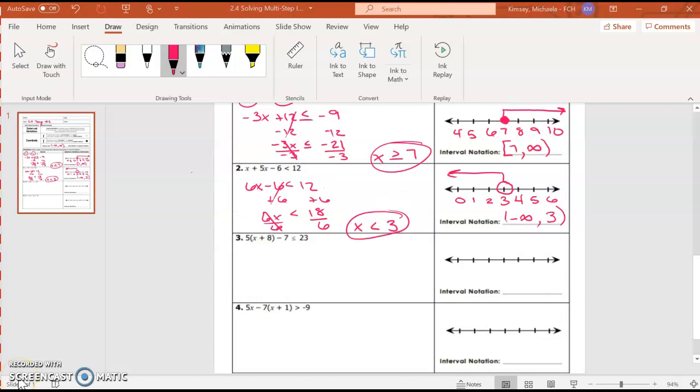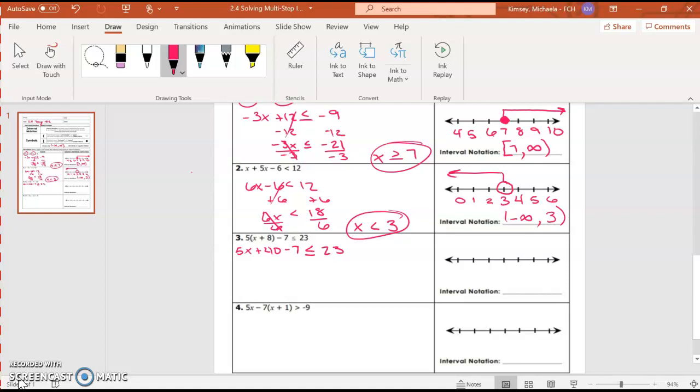All right, for number 3, you should have x is less than or equal to negative 2. If you're wondering how I got that, you first distribute and you get 5 times x, which is 5x, and then 5 times 8, which gives you 40. And then we want to bring down our minus 7, and then that is less than or equal to 23.